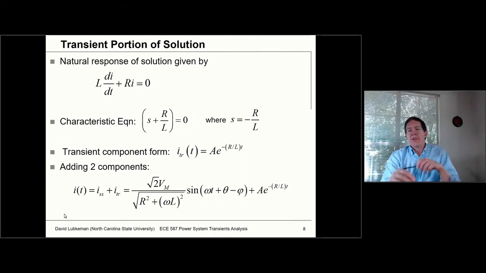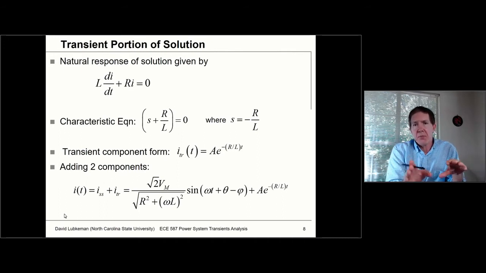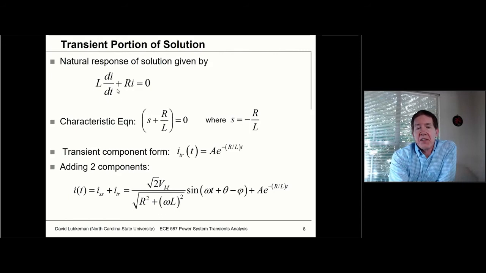We're more interested, though, in looking at the form of the transient solution. To get the transient part, we solve the differential equation with no forcing functions applied to the circuit. So on the right hand side of the equality, it's simply equal to 0. We want to solve L di/dt plus Ri equals 0 and find the form of that current.